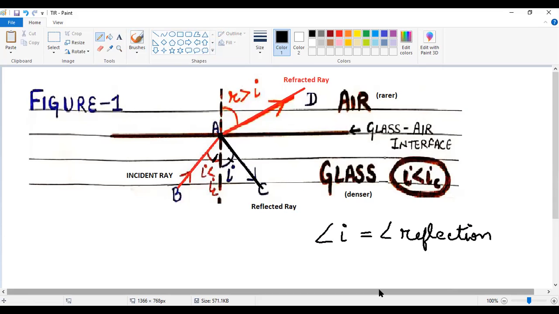So in diagram number 1, when a ray is incident from denser to rarer medium, then the ray bends away from the normal as it travels from denser to rarer medium. Most of the light is refracted, while a very less percentage of light is reflected back in the same medium.